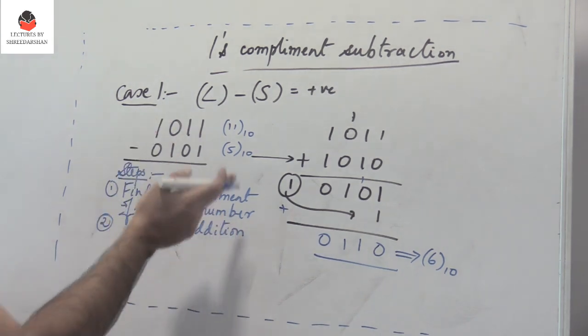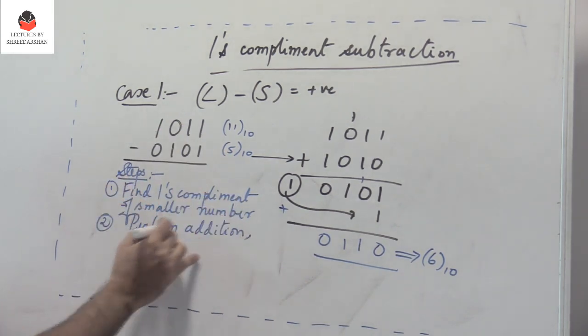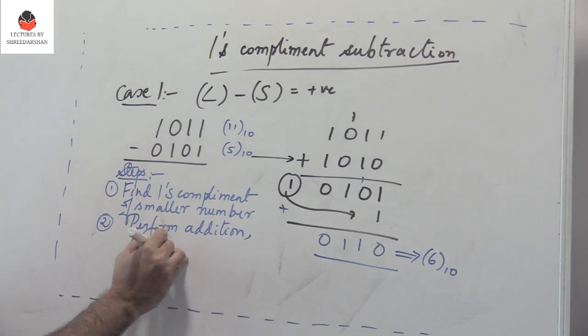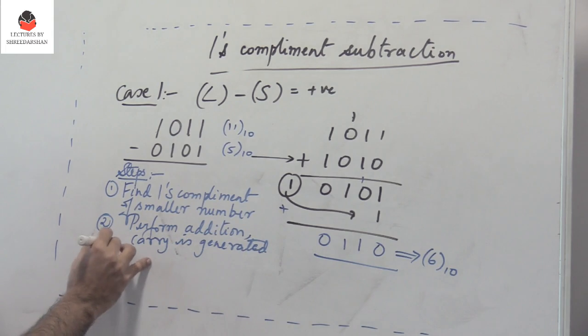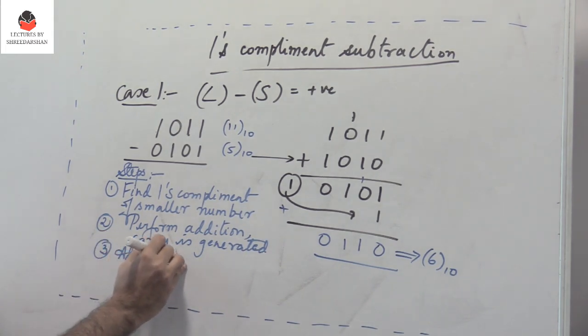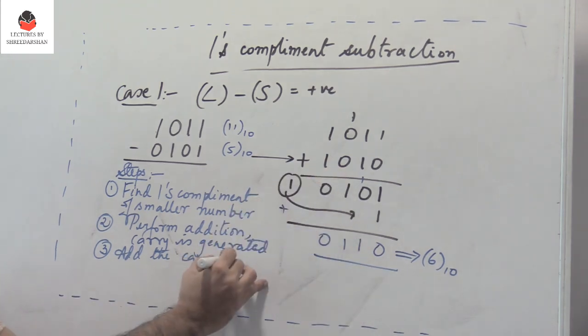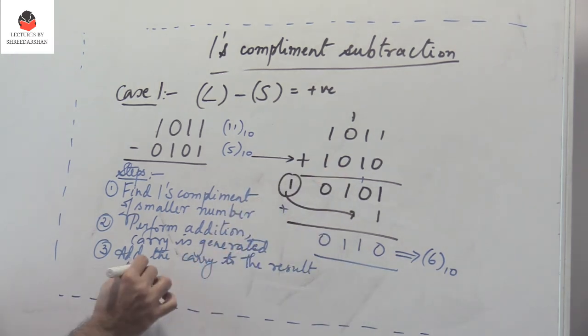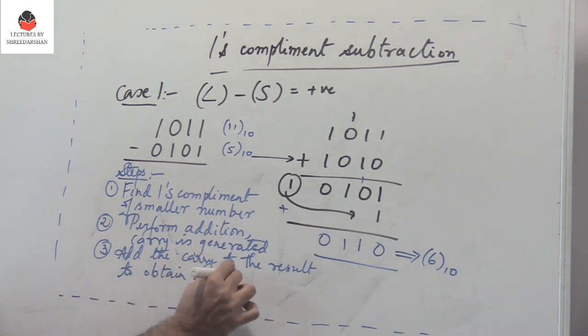The larger number and the 1's complement of the smaller number. So when we add, we always get a carry. A carry is generated. Step 3, add the carry. That is what we did. Add the carry to the result to obtain the final answer.